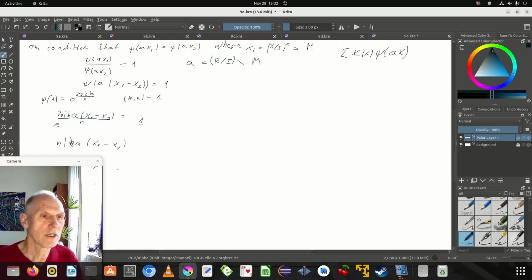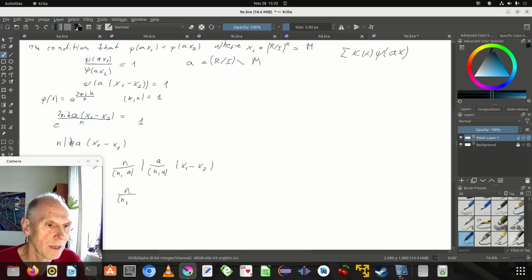And then we use the trick of dividing by the common divisor of n and a. I'm really glad that I discovered that trick. And that means that n divided by the common divisor of n and a must divide the difference between the two x values.